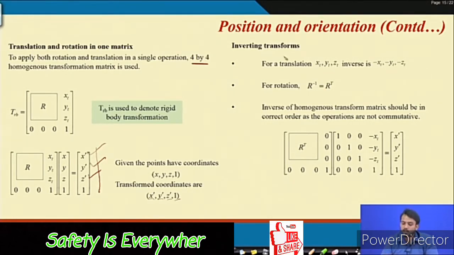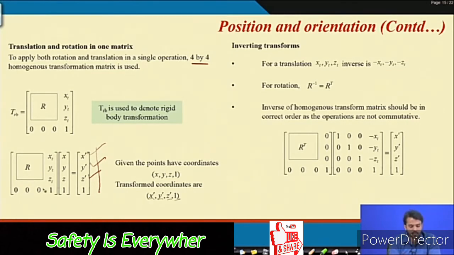If you are considering the inversion of the transformation, for XT, YT and ZT the inverse will be simpler: minus XT, minus YT and minus ZT. But for the rotation, R inverse is equal to R transpose. The inverse of a homogeneous transform matrix should be in the correct order, as the operations are not commutative.